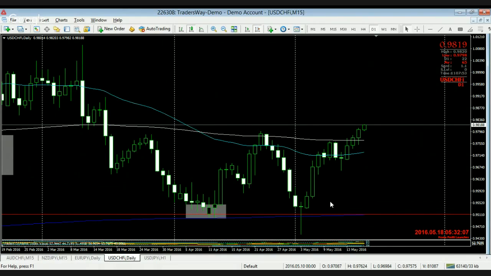Now put in parentheses the body of the candle, of the retesting candle, cannot close above or below the horizontal line.